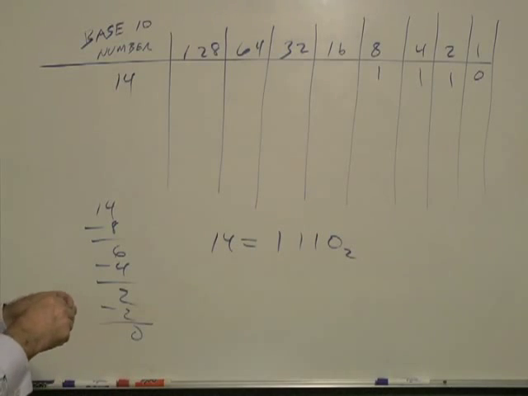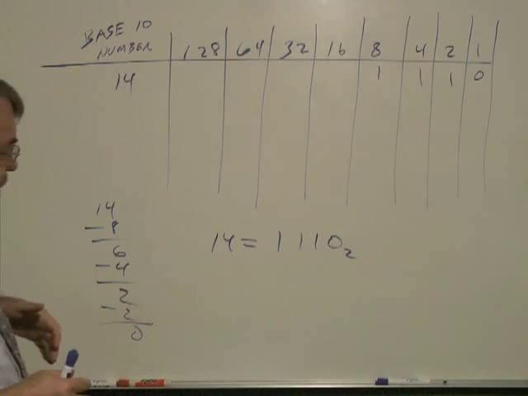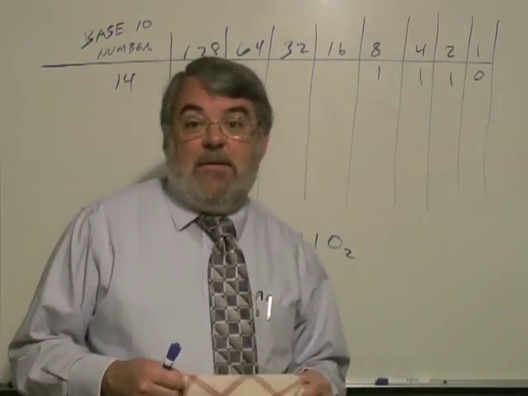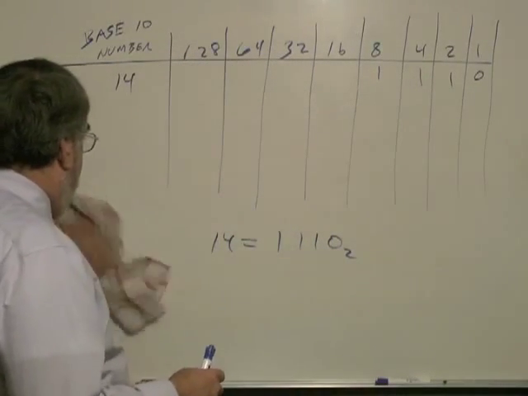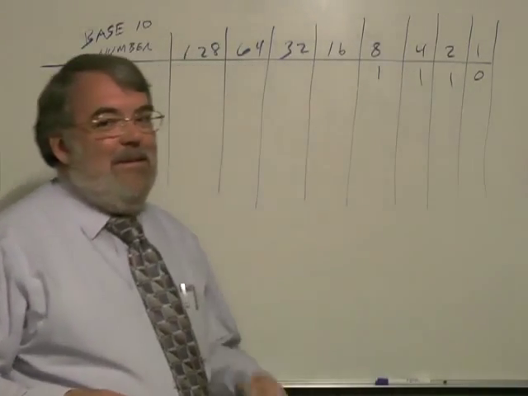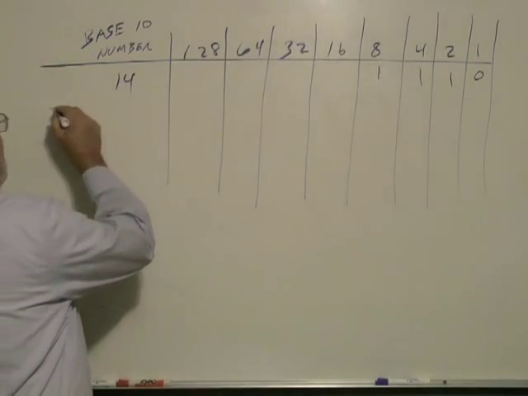And so that's how you could do this. Now, I think this will require a little more calculator work when we get to base 8 and base 16, but it's not too bad in base 2. Let's try a couple more here. And again, pause the video and see if you can figure these out.